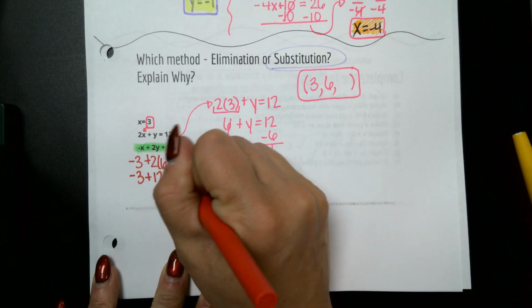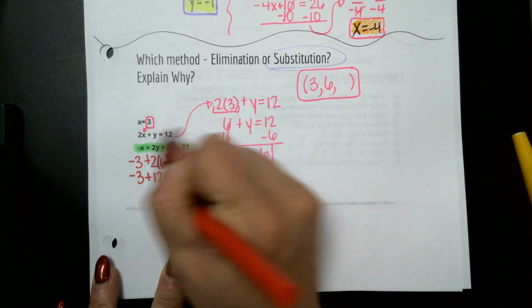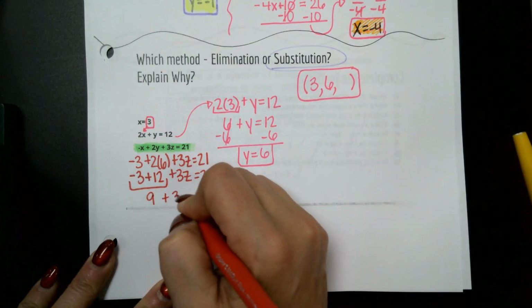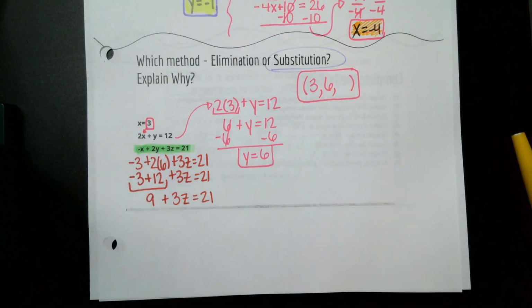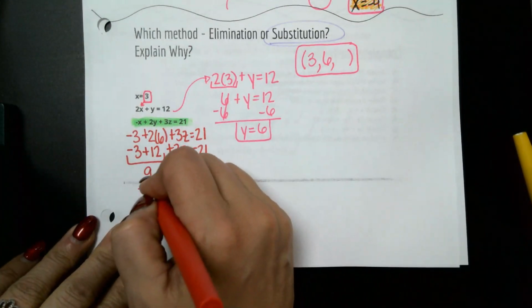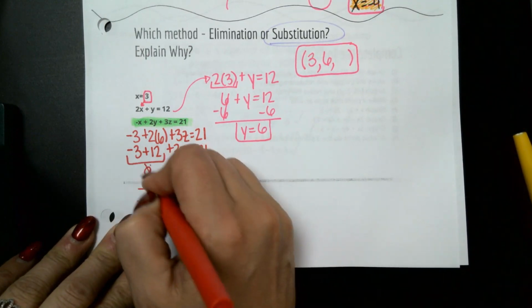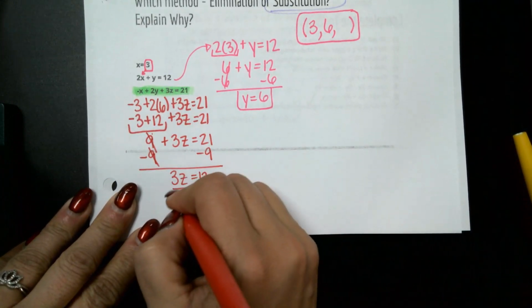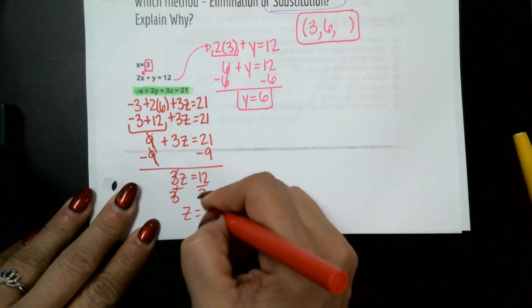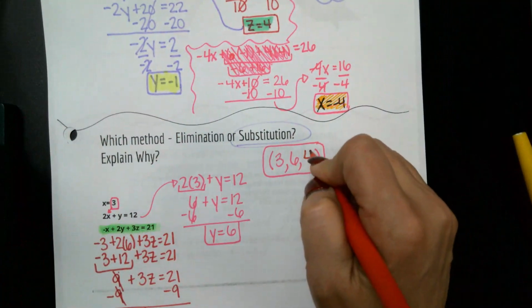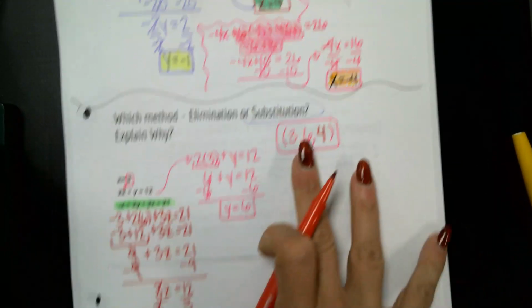Two times 6 is 12. And then when we put the negative 3 and the 12 together, we get 9. Subtract and divide, you should get 4. So I'm going to subtract 9, and we would get 3z equals 12, and then divide by 3. So that's where we get z equals 4, and once you have that one written down, just make sure you go back up here and plug that into your ordered triple.